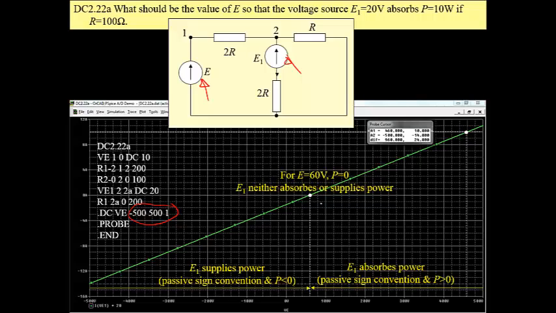For this particular value of this voltage source, for 60 volt, this second source neither absorbs nor supplies power. Okay, that way we have completed this exemplary problem.